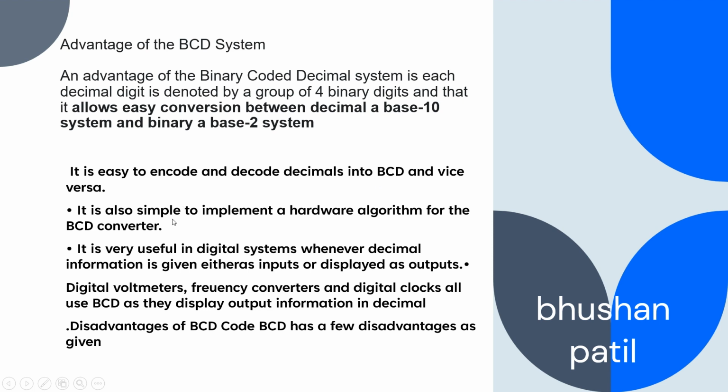It is also simple to implement a hardware algorithm for the BCD converter, and it is very useful in digital systems. Whenever decimal information is either input or displayed as output, such as in a digital voltmeter, frequency counter, and digital clock, all use BCD as they display output information in decimal.